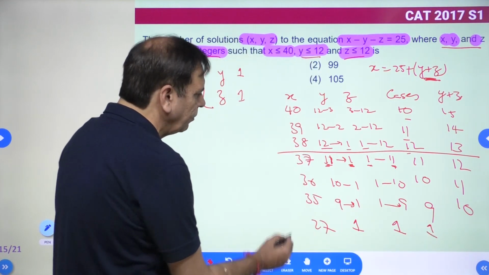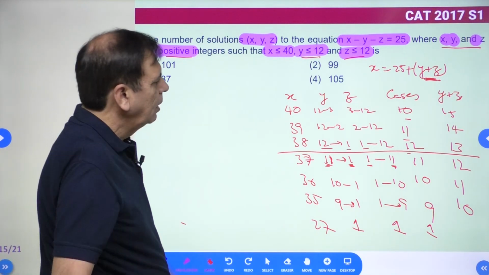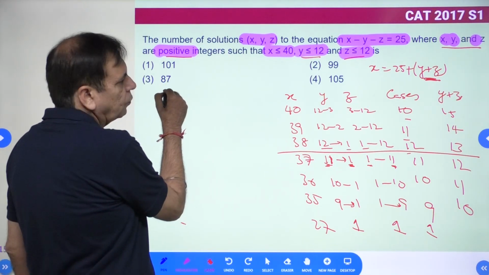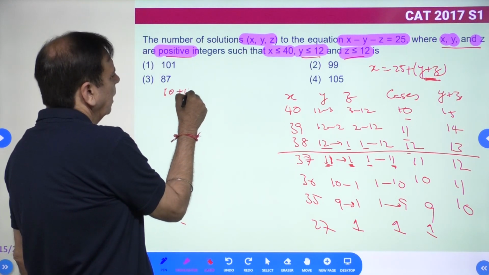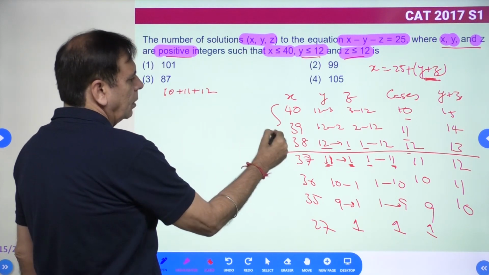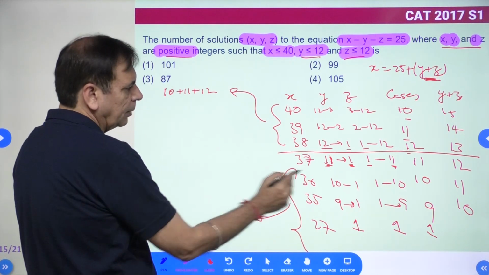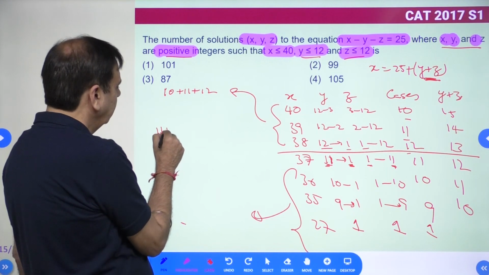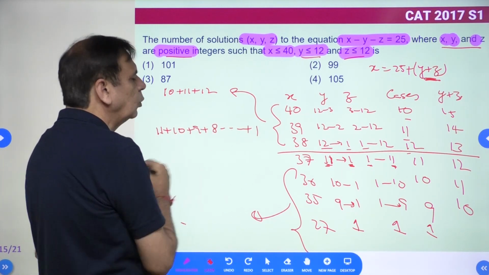So how many cases are there? So the number of cases which we'll have will be, पहले इन तीन में होगा 10 plus 11 plus 12 for these cases. And how many are these? These are nothing but 11 plus 10 plus 9 plus 8 up to 1.